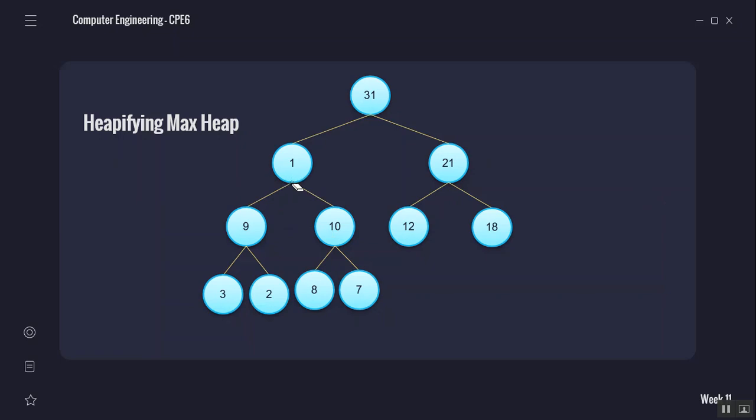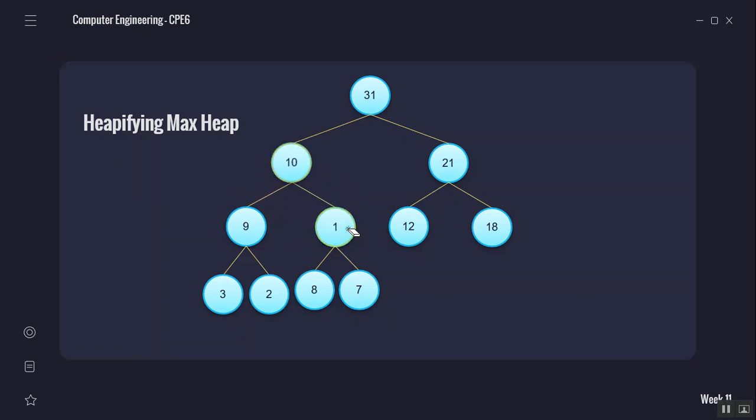Considering the children of 1, we have 9 and 10. Which of the two is greater? 10 is greater than 9, so we will swap 1 with 10, like this.